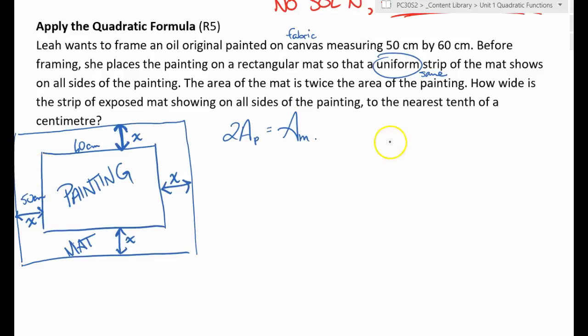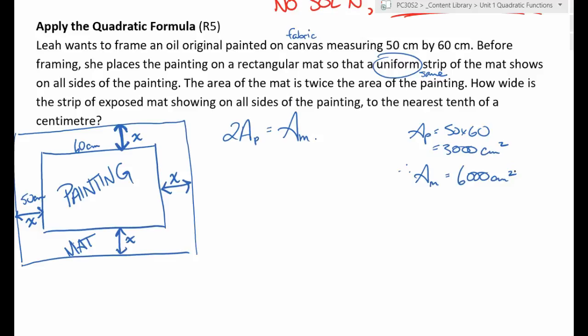Okay, well, the area of the painting we can figure out no problem. It's going to be 50 times 60, so it gets us 3,000 centimeters squared. So the area of the mat is going to be twice as big, so that's going to be 6,000 centimeters squared. Great.